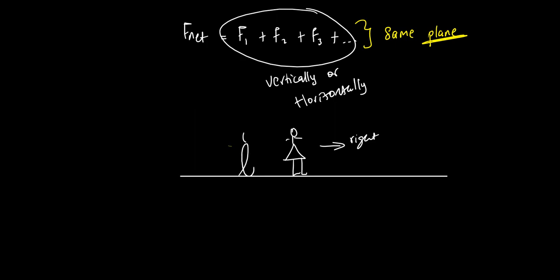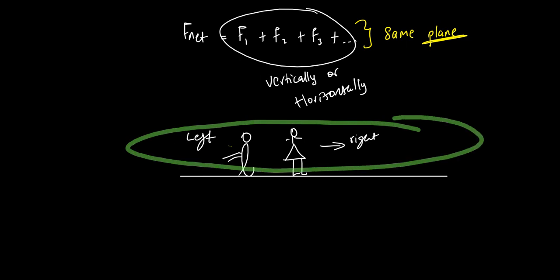Right and left are two different directions, but they are in the same plane. The plane is horizontal: left and right.